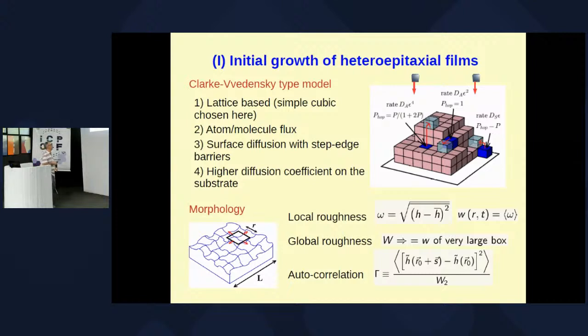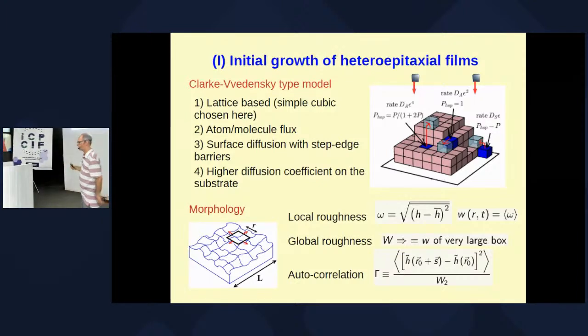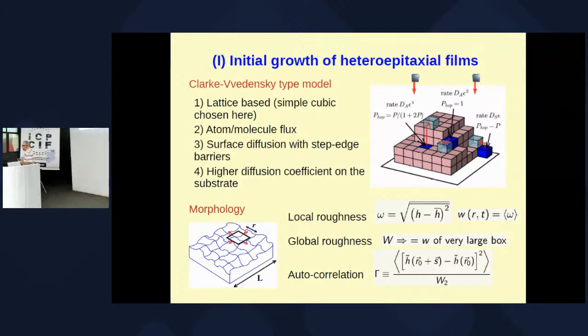So the first application I show to you is the initial growth of heteroepitaxial films. This is a subject that is still under development in our group. We have a collaboration with a group from the University of Tübingen.